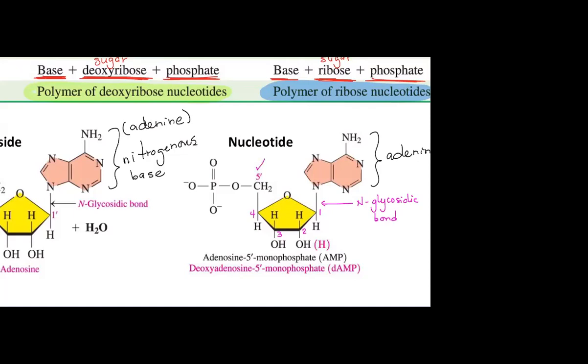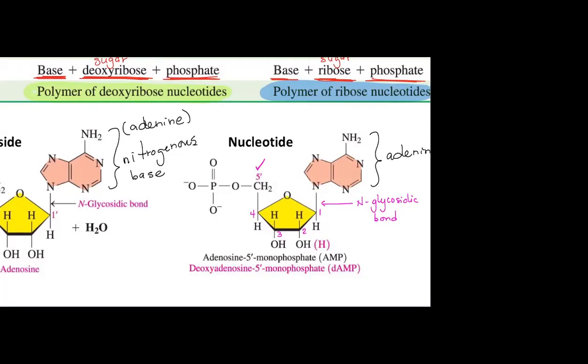At carbon 5 in the sugar, that's where we have the phosphate group. The nucleotide illustrated here has only one phosphate, but in the cell we can have nucleotides with 2 phosphates or 3 phosphates.